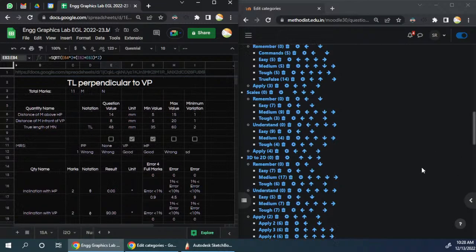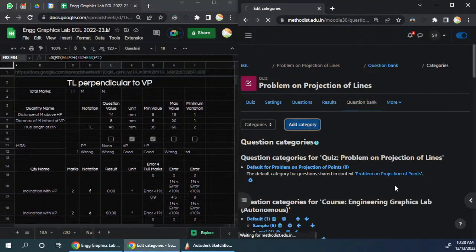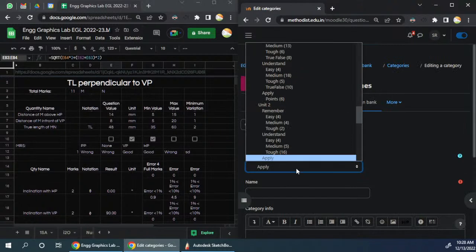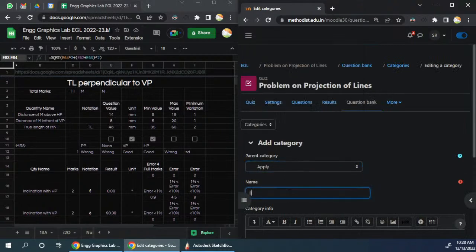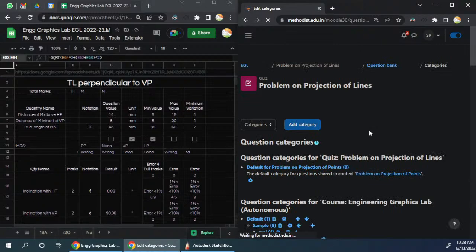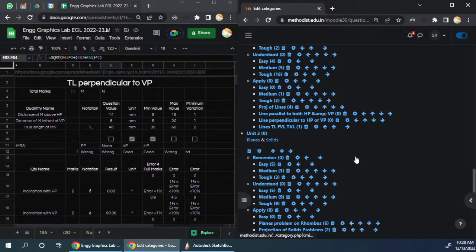So we created the category for this particular thing. Parallel to both is created. We don't have the curly line. HP or VP, I guess, we just create a single category for that. So under unit 2 we are supposed to have 2 categories. Let's see if they have been created.